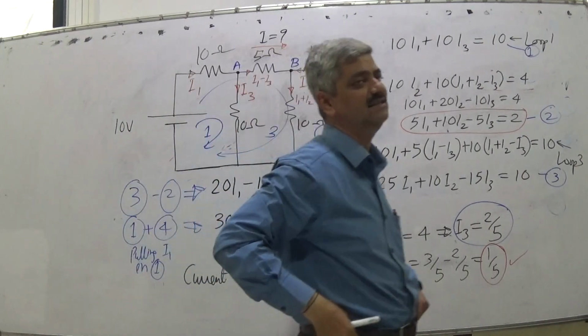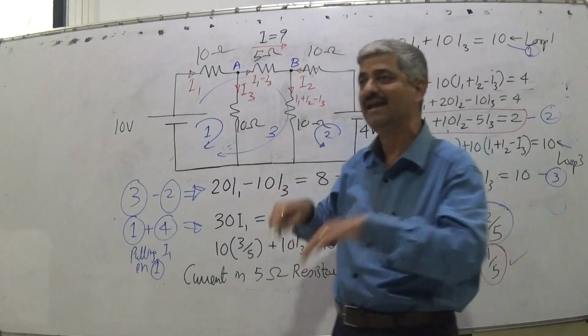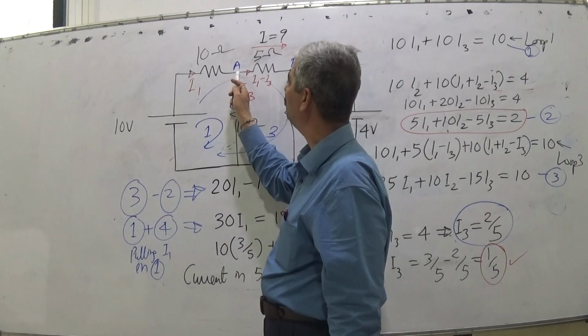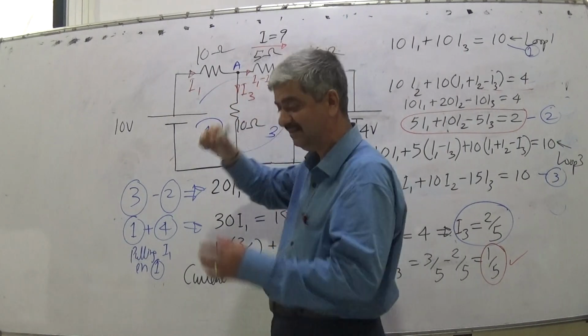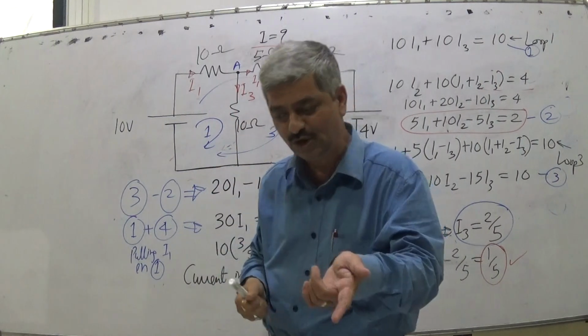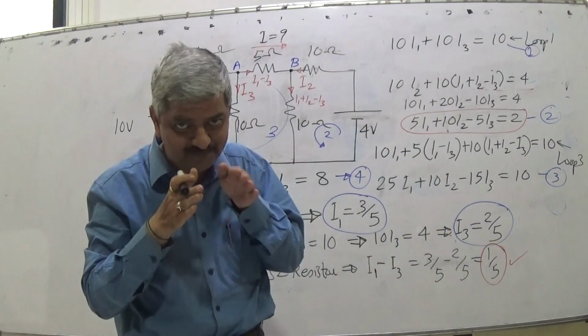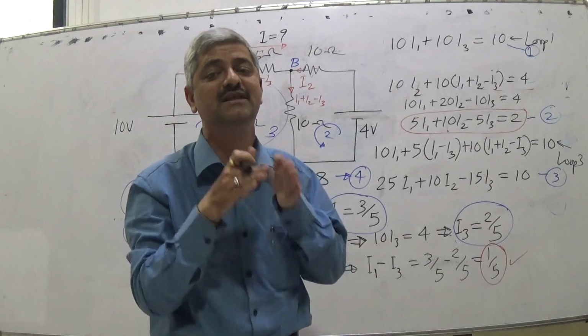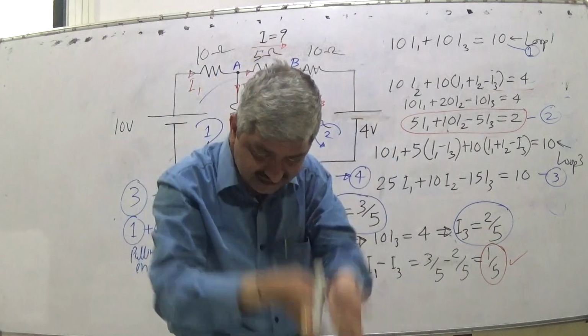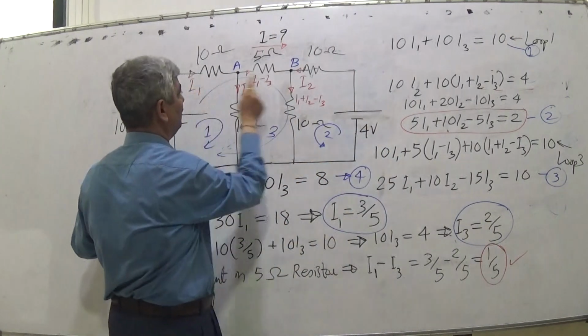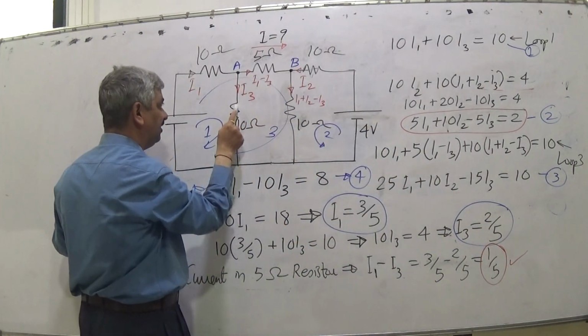You can just increase the number of variables, and then applying KCL at node A, you can say I1 and the others, and their algebraic sum is 0. What we do is go by a simple straightforward method by reducing the number of variables at the introduction stage itself. So this is I1, this is I2, this we assume as I3.